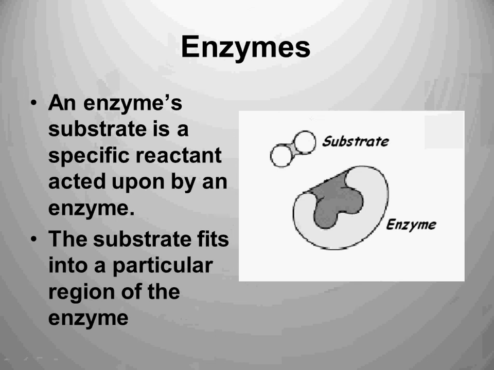Alright, so an enzyme substrate is the specific reactant that's going to react with it. So just like the animation that I showed you, the picture of the two substrates that were going to connect to the enzyme. Well, they had these goofy looking shapes because the enzyme is specifically designed to accept them, or to allow them to bind to the active site.